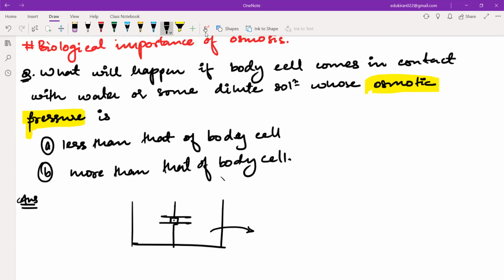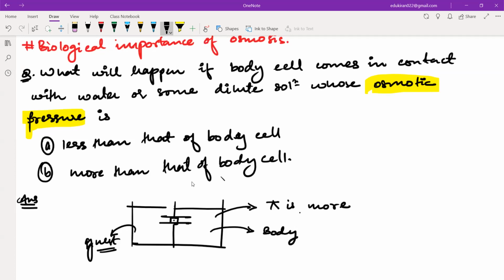And this is body. And this is, let us say, host or guest. Sorry, it is guest. Now, what they are saying: here the pi of body is more, and here the pi is less. Now tell me, here you have guest and here you have body.